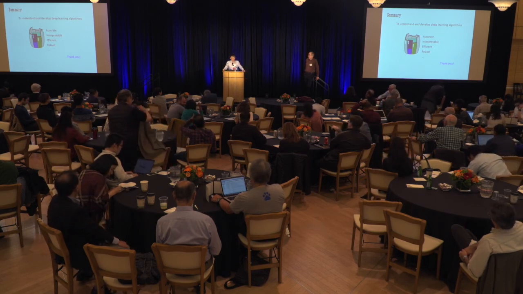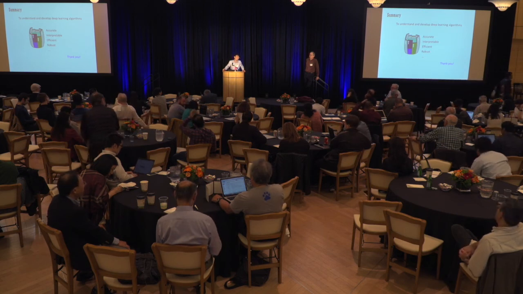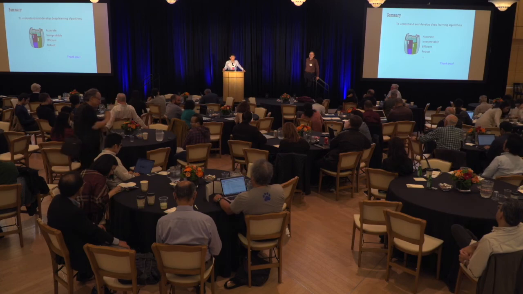Yes, I think there are multiple levels of interpretability. One level is you want to make the model interpretable for the users. For example, if I use Google Maps and I request some navigation service, I want to know why Google Maps gives me this route instead of the other routes. That's user-level interpretability, and I think we are doing well on that side. There is a lot of recent work on designing models that not only give you a prediction, but also give you an explanation of why the model wants to do it.